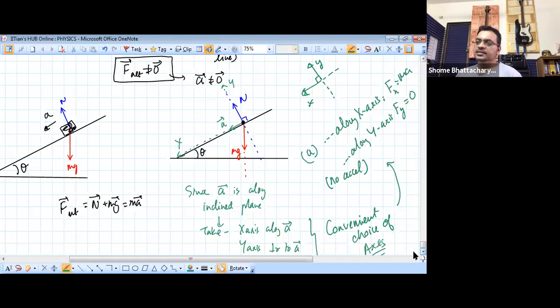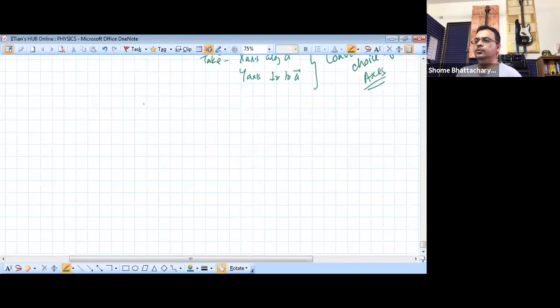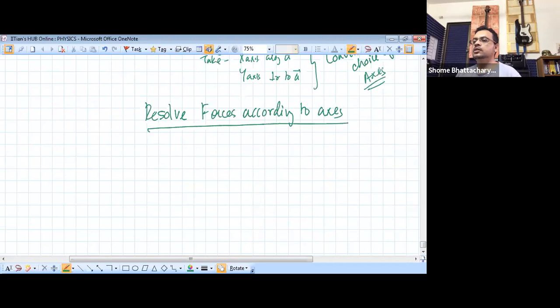Okay. So the next thing is to resolve the forces according to the axis. When I resolve the forces along the axis, it's very simple really. I've taken the x-axis like this, the y-axis like this.